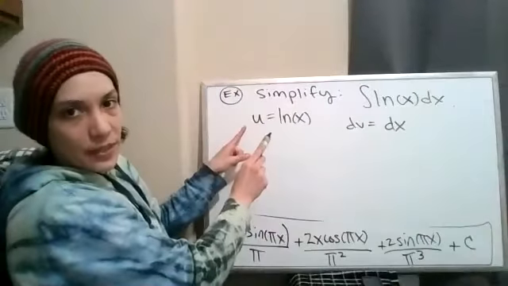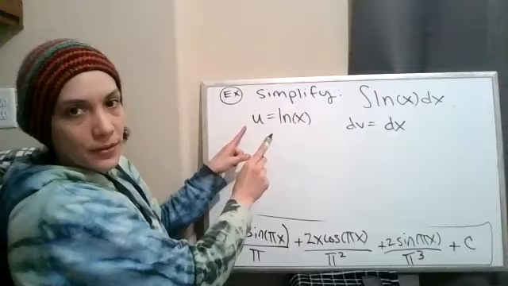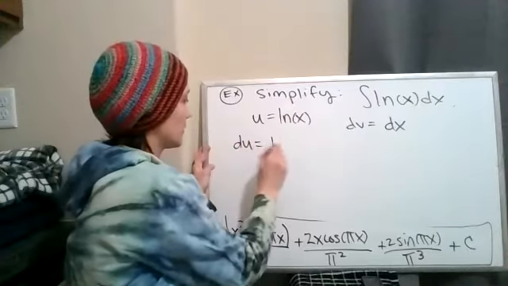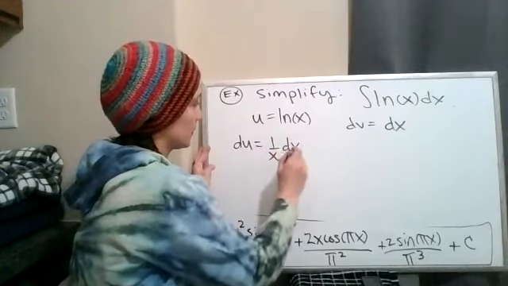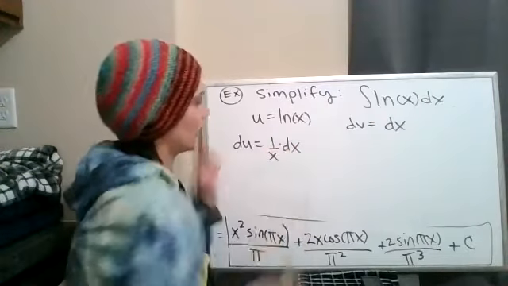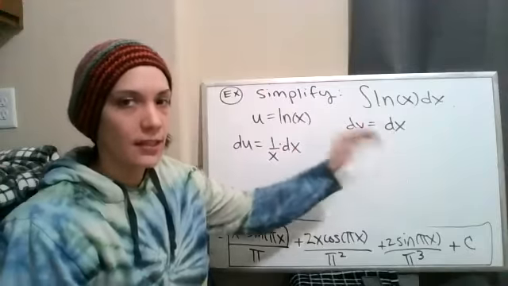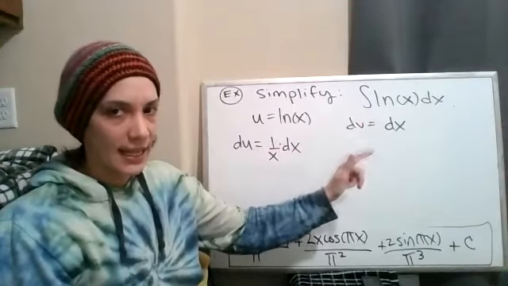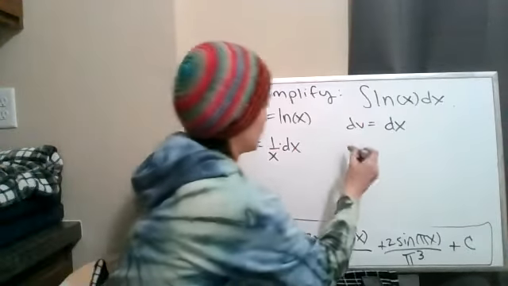This side, do a derivative. du will equal 1 over x dx. Okay. This side, integrate. v is equal to x. That's it.